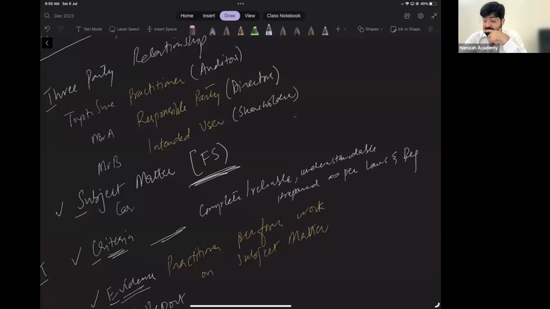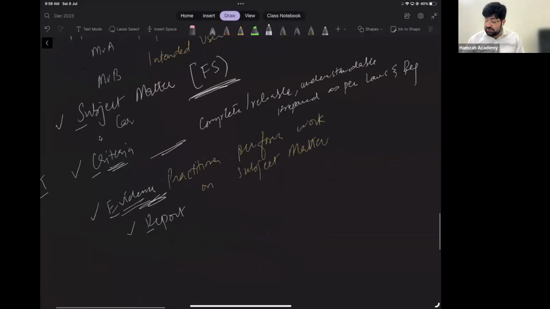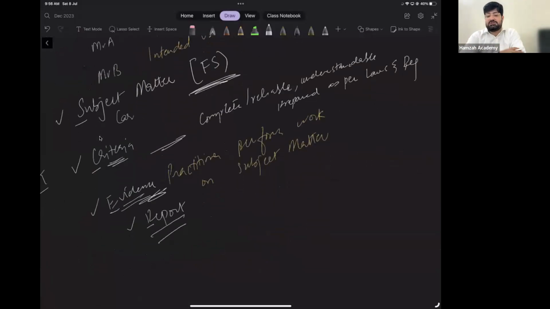The auditor plans and performs work, obtains evidence, whether financial statements have been correctly drawn as per that criteria. And then gives a report to shareholders. These are the 5 elements of assurance engagement.